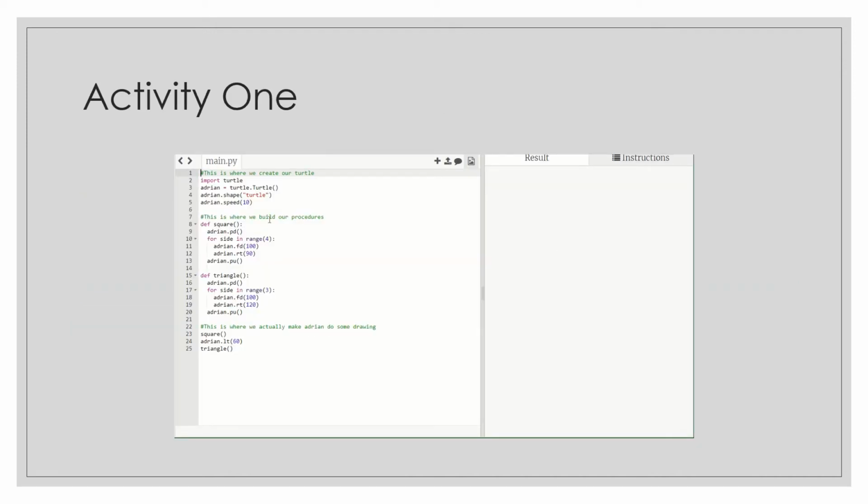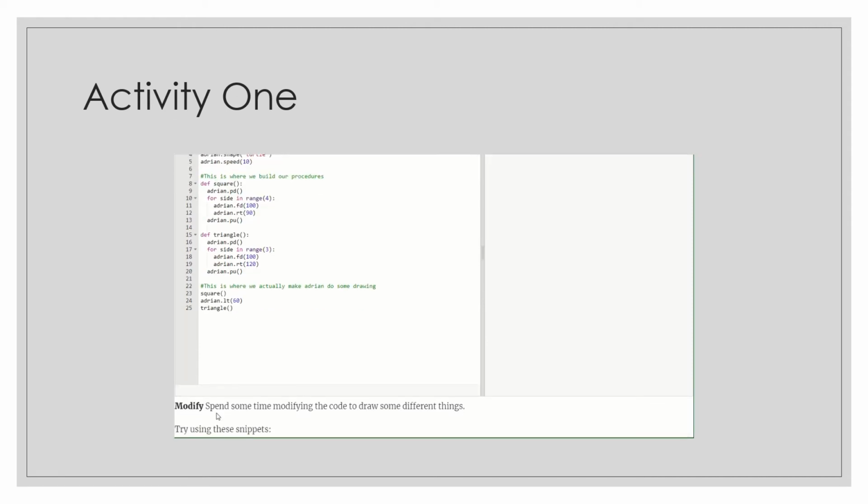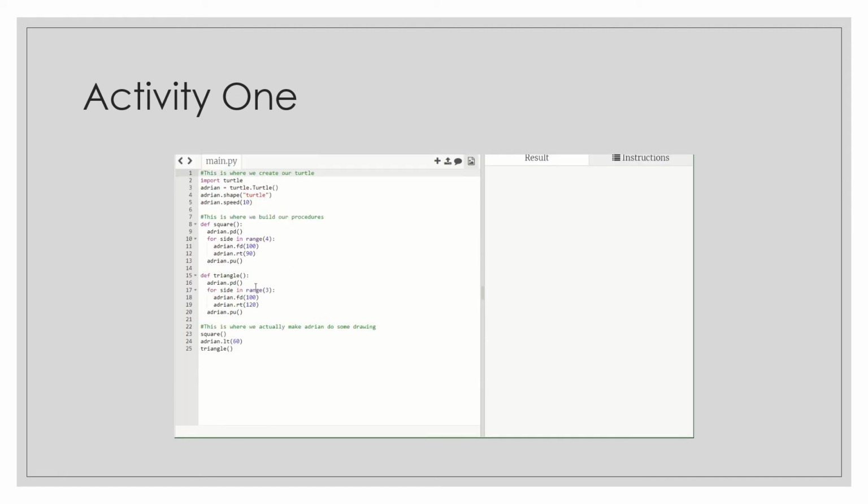Now you've had a chance to watch the previous video and maybe play around with that code. Here is some more predefined code for you with the triangle and the square. So your job, as you will have seen, is to modify. So spend some time with this code before we move on to the assignment. What can you make Adrian draw? At the moment, he draws a house, sort of.